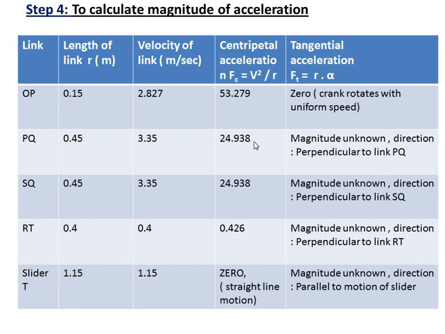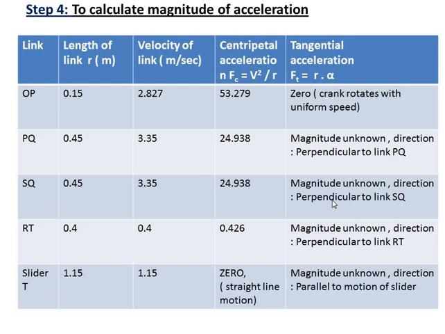And we will know the centripetal acceleration of all the links as we know the velocities of all the links. So using this, calculate the centripetal acceleration of SQ, centripetal acceleration of RT using the formula V square by R. And for these two also, we will not know magnitude of tangential acceleration. Only the direction is known.